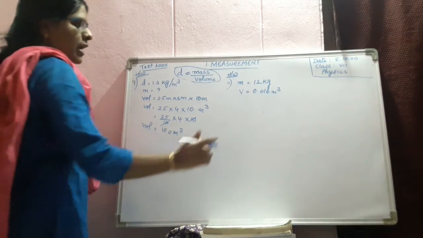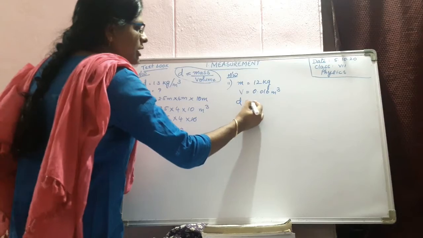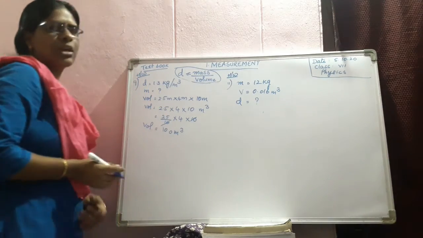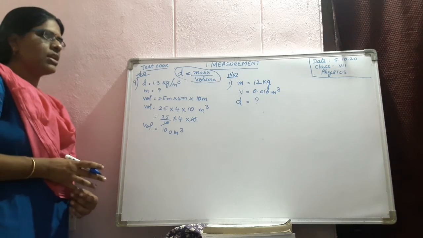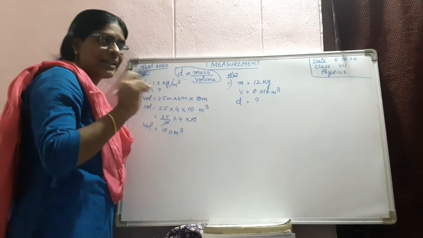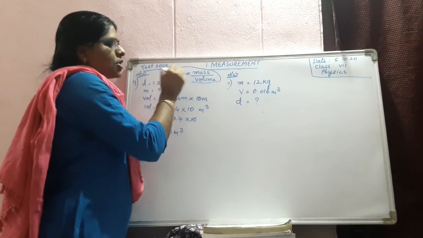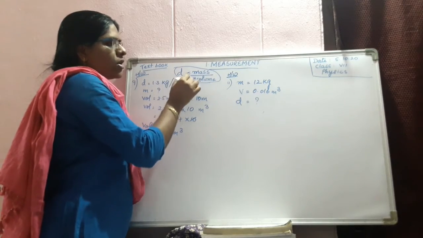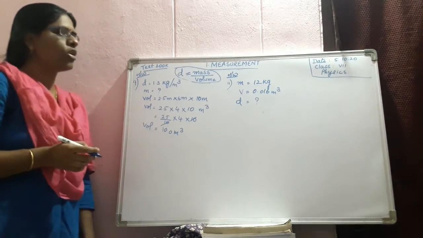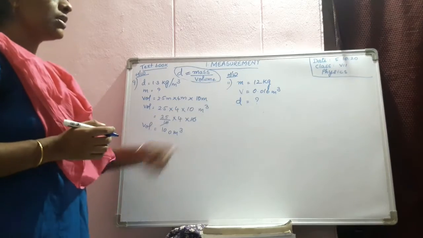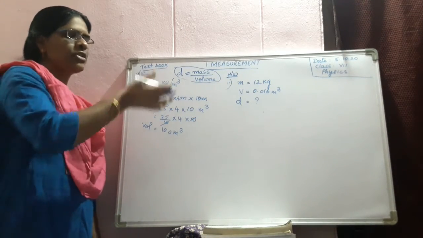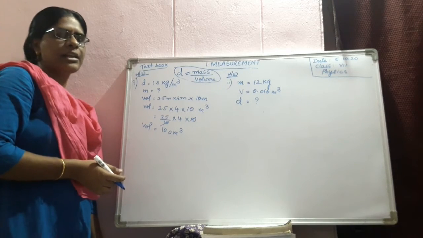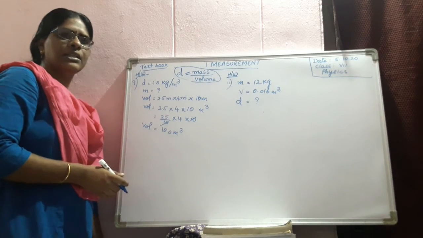Find the density. Density we don't know. Mass is given, volume is given. We need to find density. Again substitute in the formula, density equals mass by volume. After substituting, do the mathematical calculations and you will get the answer.